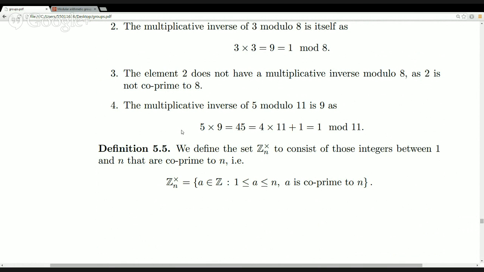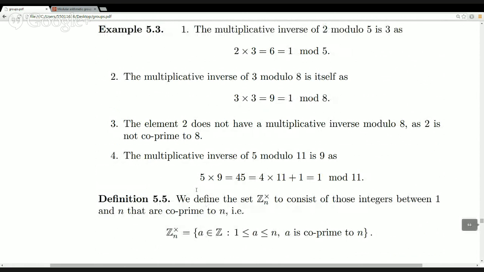But if that's the only positive integer that divides both of the numbers, then we say that they're coprime. And in order to have an inverse under the operation of multiplication modulo n, the number you're talking about must be coprime to n. Now, we looked at some examples of that yesterday in the examples preceding definition 5.5.